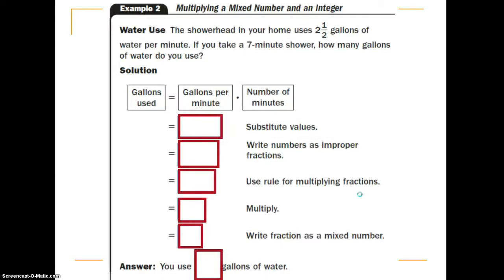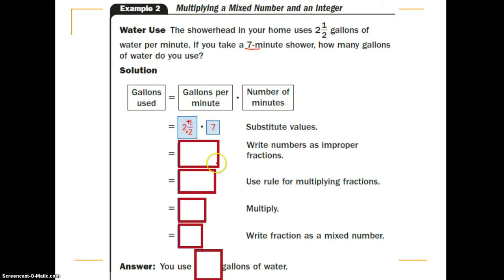When you multiply a mixed number and an integer, you want to turn it into an improper fraction. So let's look at example 2. The shower head in your home uses 2 and 1/2 gallons of water per minute. If you take a 7-minute shower, how many gallons of water do you use? Well, we're multiplying 2 and 1/2 times 7. Let's change the 2 and 1/2 to an improper fraction.